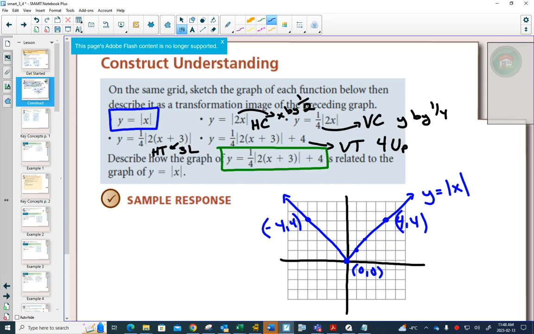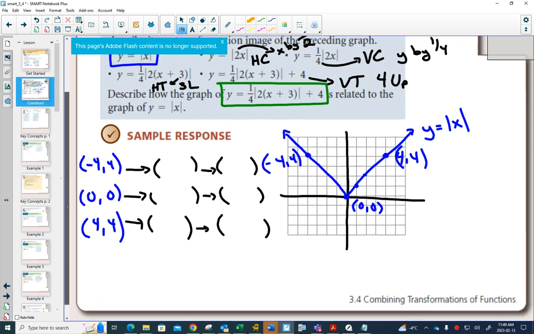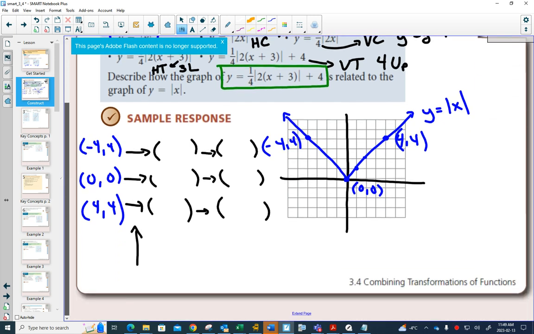Next, what we're going to do is we're going to write our 3 initial points, -4, 4, 0, 0, and 4, 4. And we did this before where we drew arrows, but what's different now is you're going to draw 2 sets of arrows. And in those 2 sets of arrows, our first arrows will always be all of our stretches and compressions.